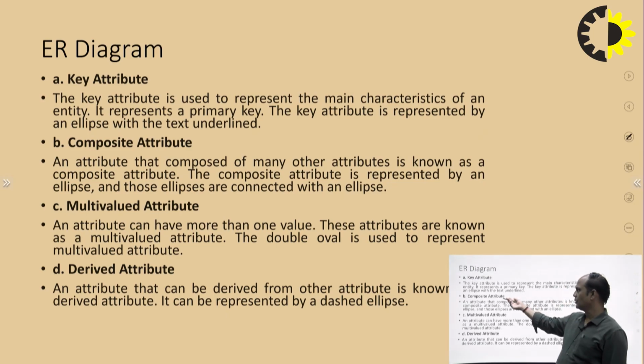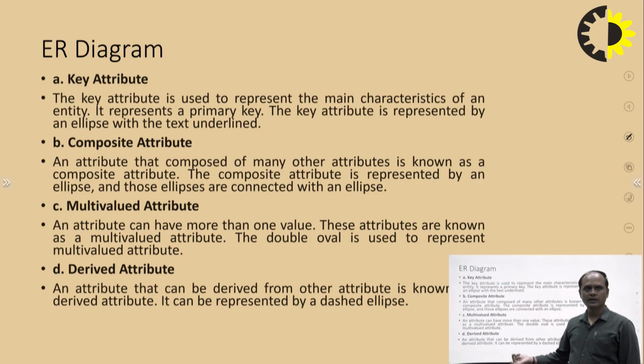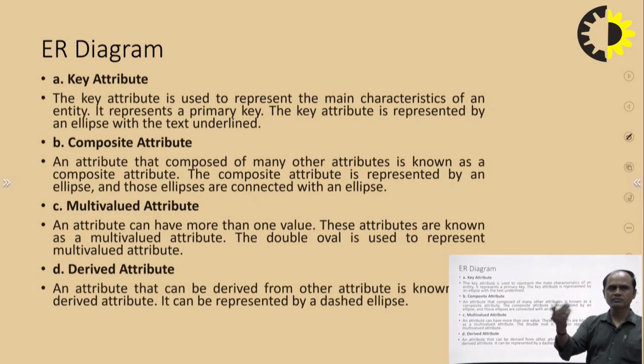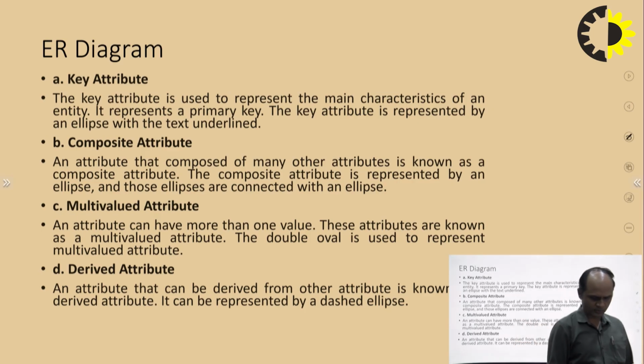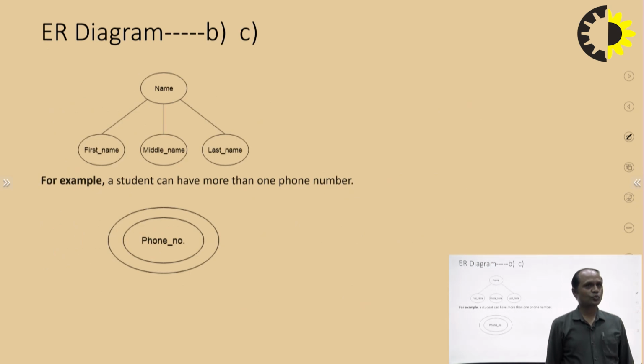The composite attribute is composed of many other attributes. Multi-value means more than one value, and a derived attribute is one that can be derived from another attribute. I have already discussed this, so let us move on. This is the ER diagram. Suppose the student has more than one phone number. I have already discussed this; it is called a multi-value attribute.